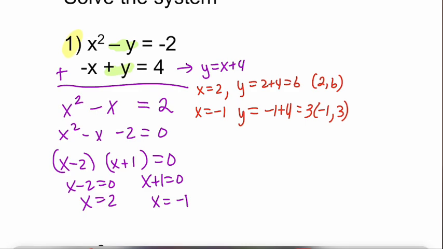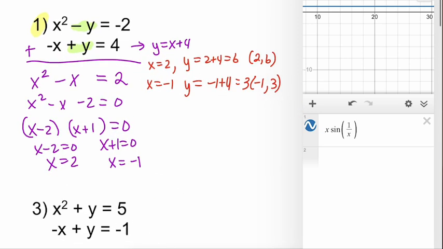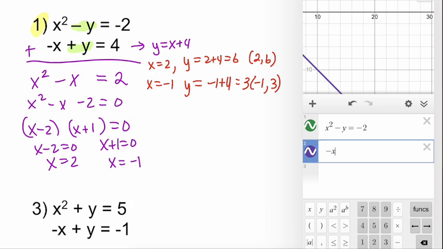What's really great about Desmos is that we can graph these things very nicely, and we could look at where they intersect, and that should be the points that we just got.